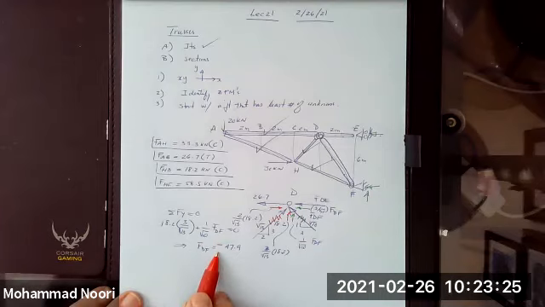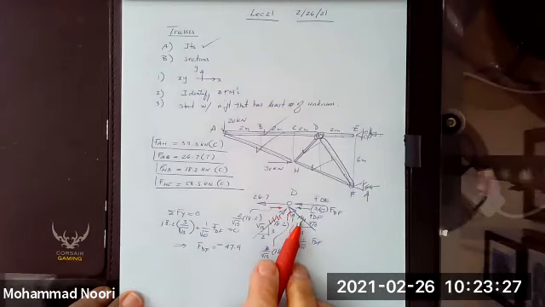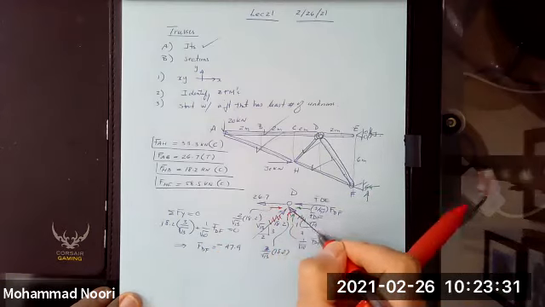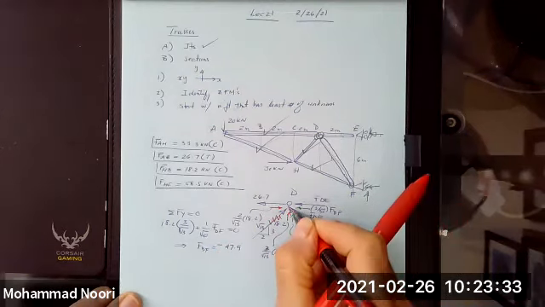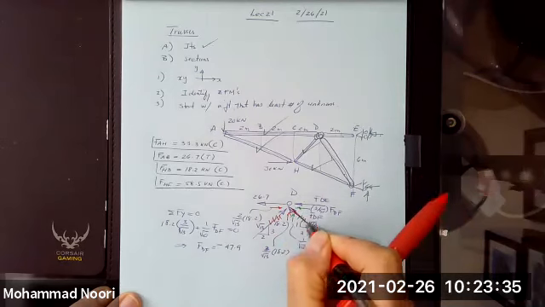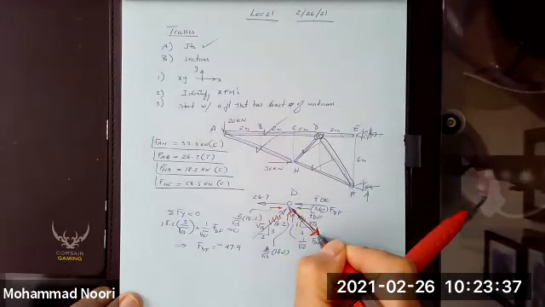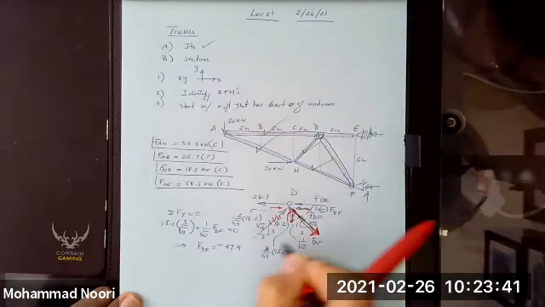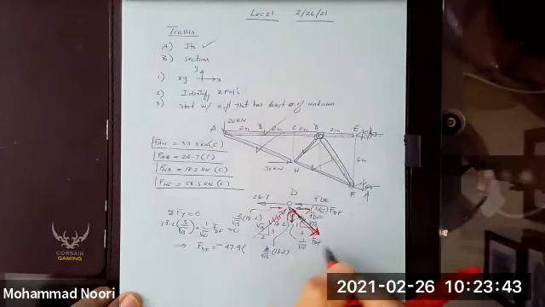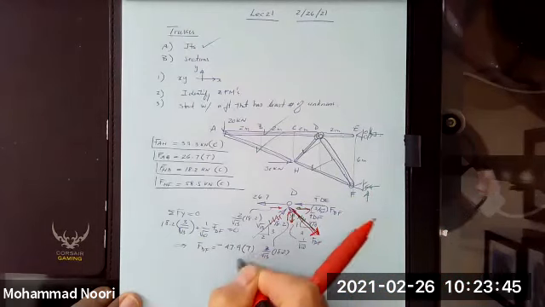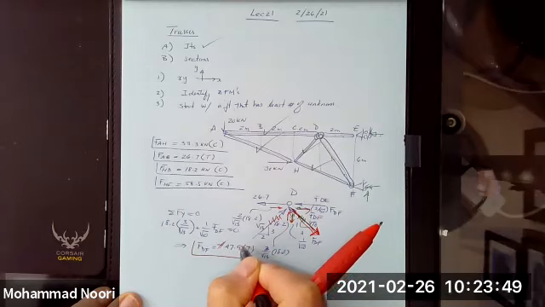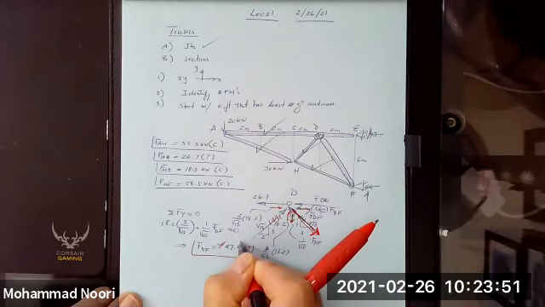That negative sign means what? That the assumed direction here is wrong, so I have to change that. This is the correct direction. The force is moving away from the joint, which means this is in tension. And that's the value, in kilonewtons.